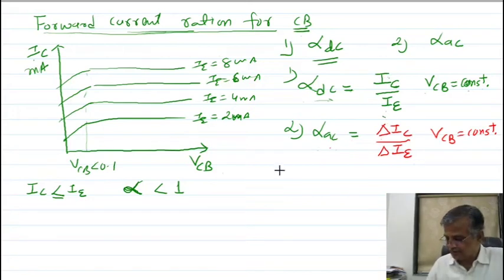Remember, alpha AC and alpha DC are nearly equal, so we just write alpha.